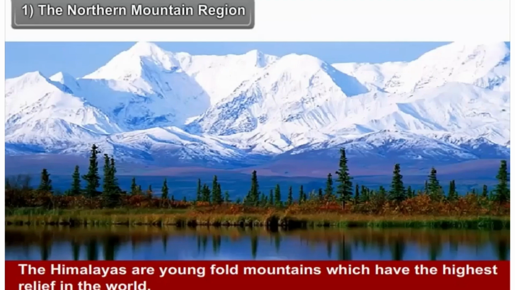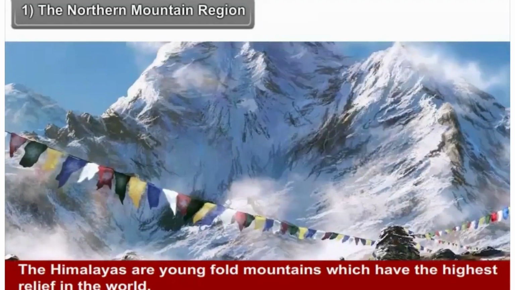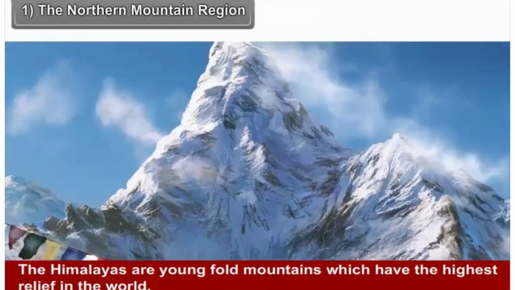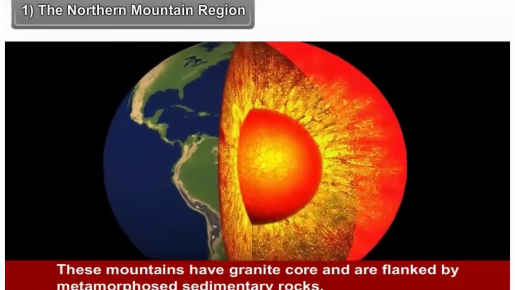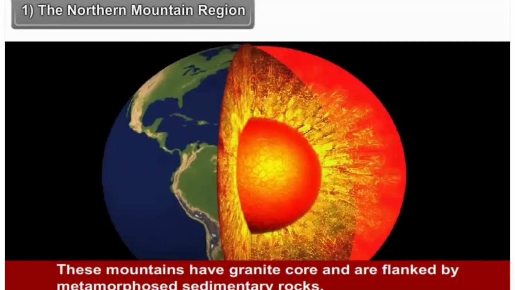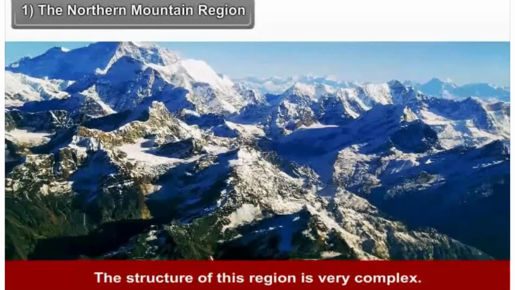1. The northern mountain region. The Himalayas are young fold mountains which have the highest relief in the world. These mountains have a granitic core and are flanked by metamorphosed sedimentary rocks. The structure of the region is very complex.